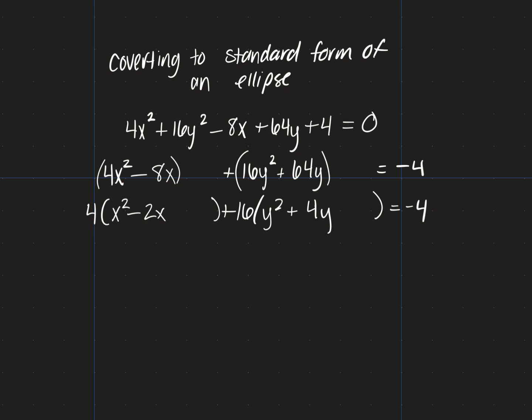So now, for this first one, you take whatever this number is, divided by 2 squared. But then on the other side of our equal sign, we're going to subtract it. What do we have to multiply by? 4, right, because we took it out.